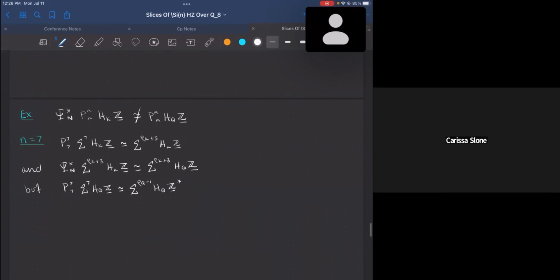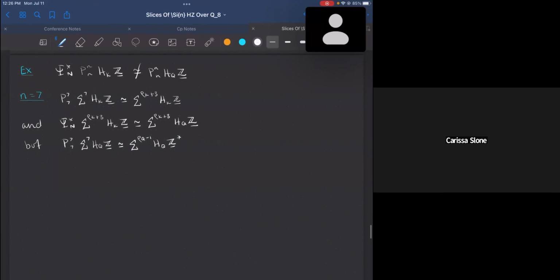So for example, if we pull back the n slice of HKZ, we don't necessarily get the n slice of HQZ. Let's take a look for n equals 7. The 7 slice of the 7-fold suspension of HKZ is the rho k plus 3 suspension of HKZ.